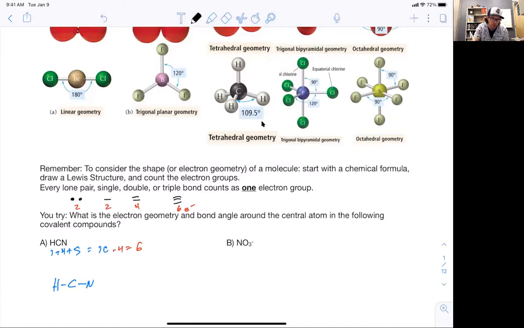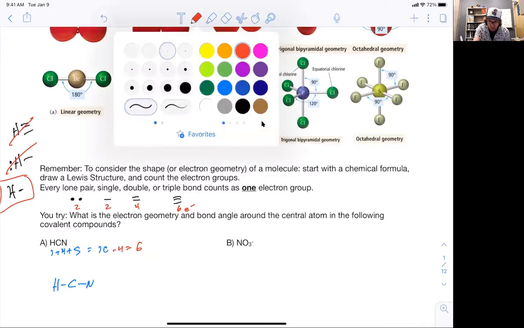So it's actually good with the single bond. You will always see hydrogen in covalent bonds with just a single bond. You'll never see hydrogen with a single bond and a lone pair or 2 or 3 lone pairs. You'll never see hydrogen with a double or triple bond. Those just do not exist. Those are more than 2 electrons. This is the only way that hydrogen can be part of a covalent bond.